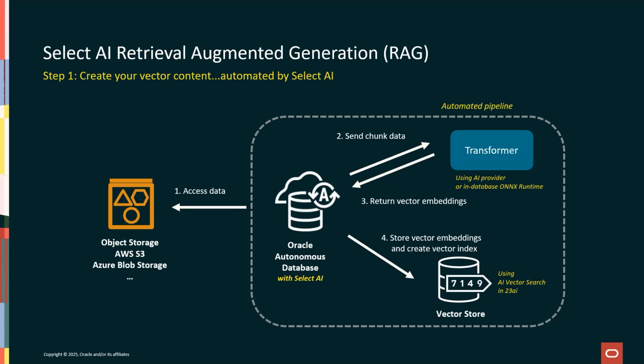The one thing we need to notice here is that SelectAI and DBMS_VECTOR both use Oracle Text for the text extraction, and SelectAI performs its own chunking, as does DBMS_VECTOR.